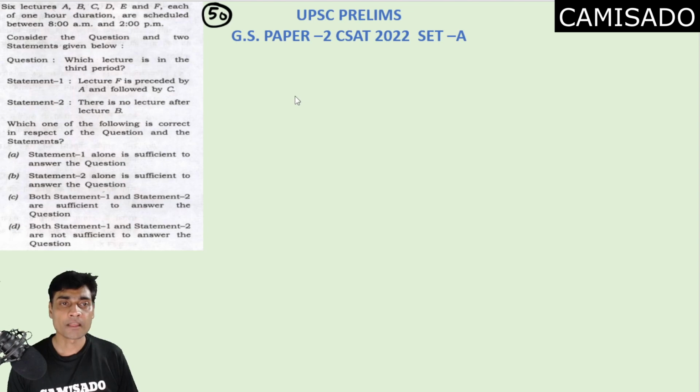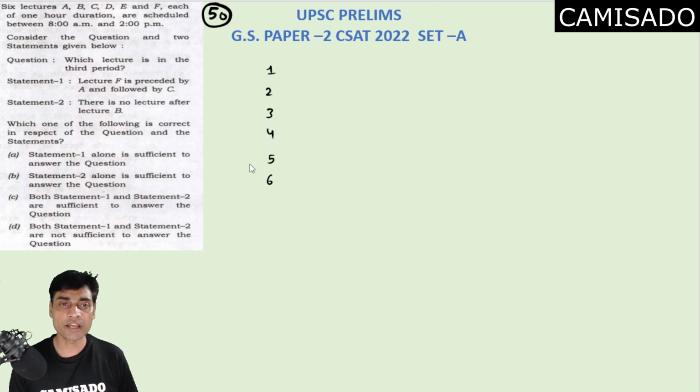Now again, 6 lectures A, B, C, D, E, F, each of 1 hour duration, are scheduled between 8 AM and 2 PM. Consider the question and 2 statements given below. The question is, which lecture is in the third period? So there are 6 lectures basically: 1, 2, 3, 4, 5 and 6.